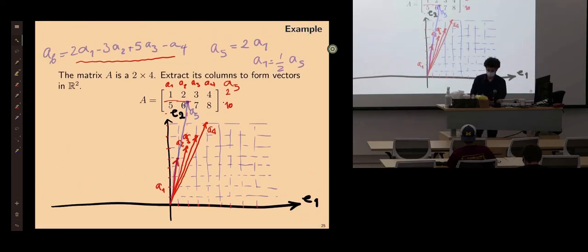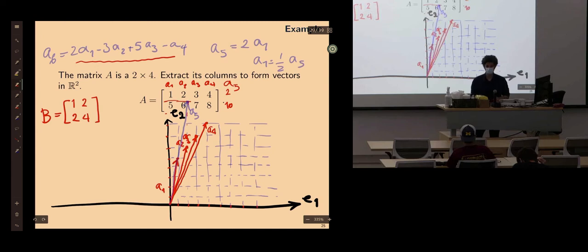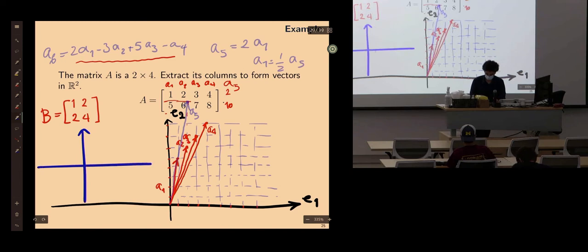I wanted to move on, but I decided to give you another example. Call it B, which is 1, 2, 2, 4. Let's plot it. 1, 2, 3, 4. 1, 2, 3, 4.